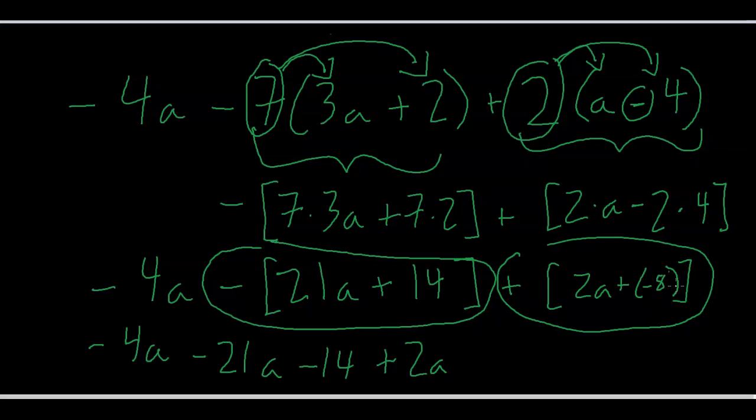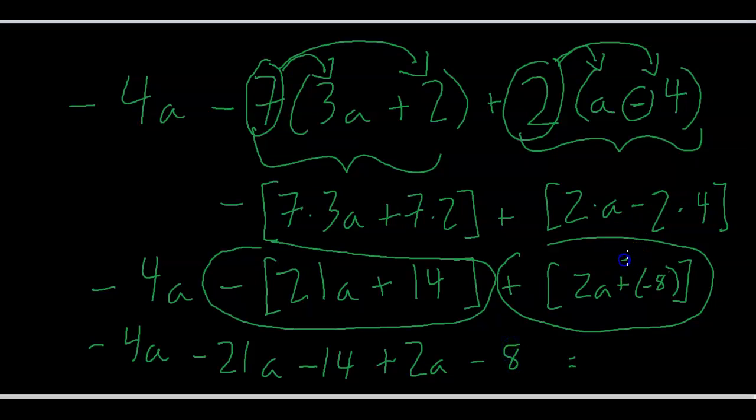So if we're adding 2A minus 8, that means we're adding a term of positive 2A, and we're adding a term of negative 8, right? That's what that subtraction meant. And how do you add a negative number? Well, you subtract, right? So this plus negative 8 here is nothing really but minus 8, right?